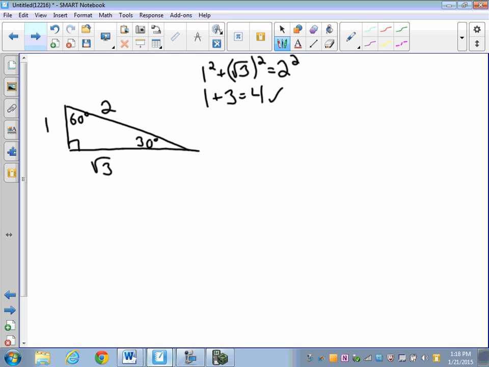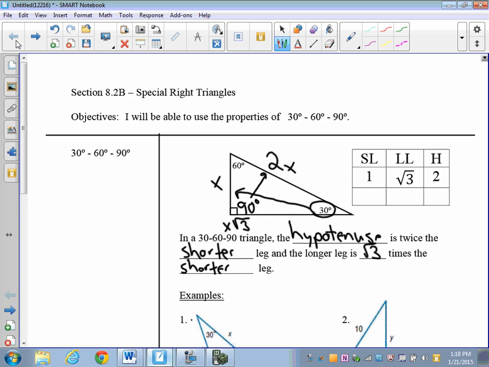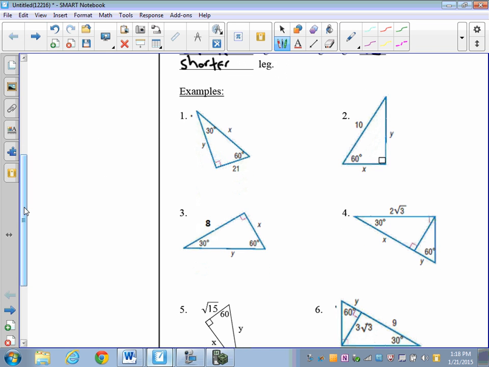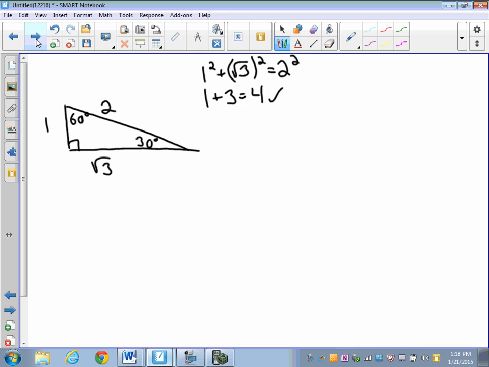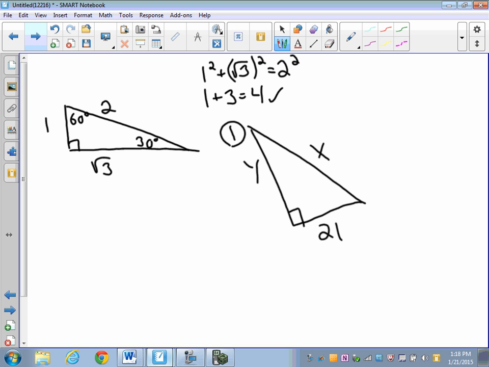And we can compare it to any one of our problems. So for number 1, we have a 30, 60, 90 triangle. We have y, 21, and x.